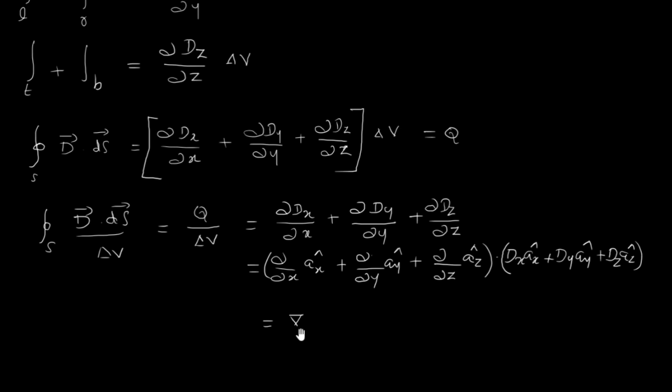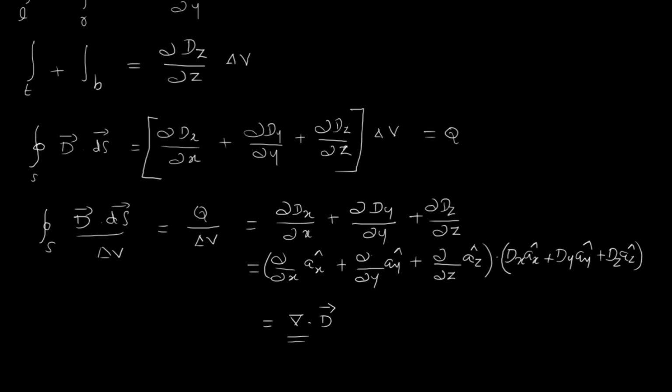That particular term is notated by del, known as the del operator, which is nothing but divergence. So I can write this equation as the dot product of del, that is divergence, dotted with my D vector. The right hand side is very clear.